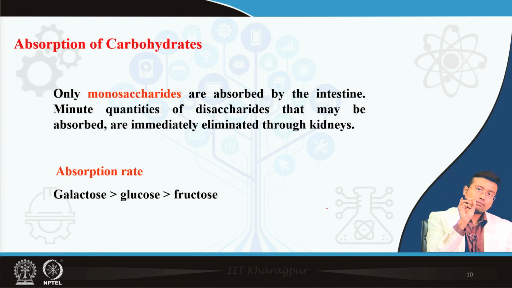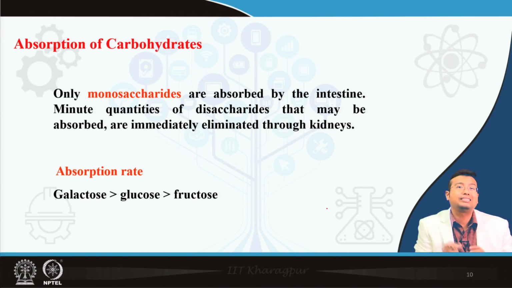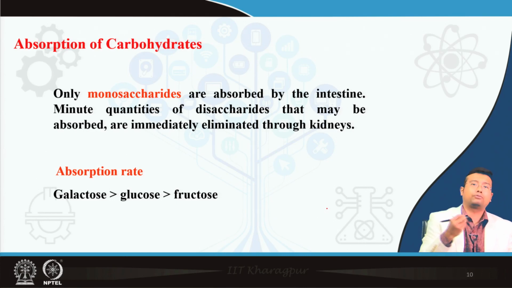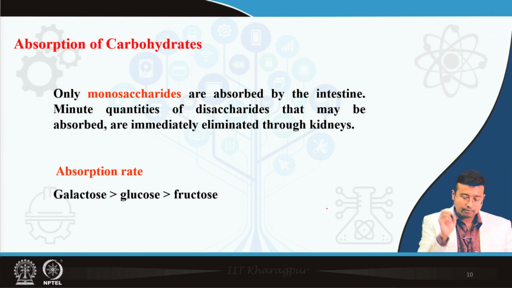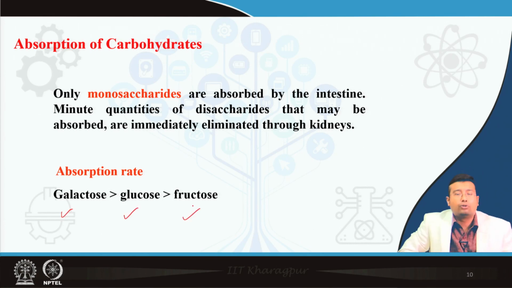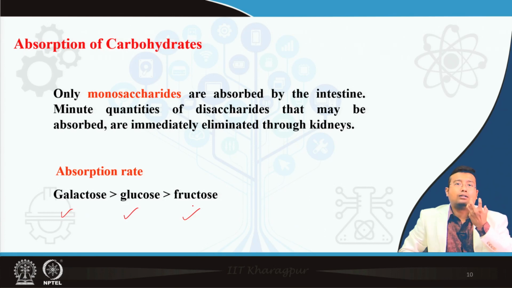Monosaccharides are compounds that are considered to be a single carbohydrate unit, for example glucose, fructose, mannose, galactose, etc. And again, for MCQ purposes, the rate of absorption of galactose is the highest, followed by the rate of absorption of glucose and then fructose. So what if the final disaccharide is not digested to monosaccharide? Of course they will not be absorbed. Minute quantities may be absorbed, but ultimately everything is eliminated through the kidneys because they are water soluble.